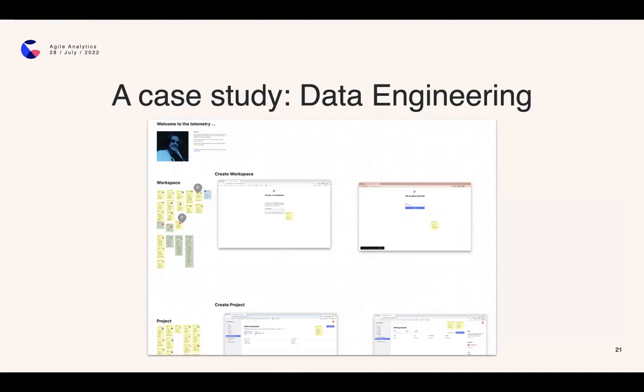One of the things we've seen is that if you take screenshots of the tools they're used to using, or root it in the stakeholders' world that they're used to living in, and then show them in that context what tables mean and when tables get updated, they can understand that model a lot more than they can understand a data model, which makes more sense to us. So how do you be transparent and think about telling the story from their perspective?